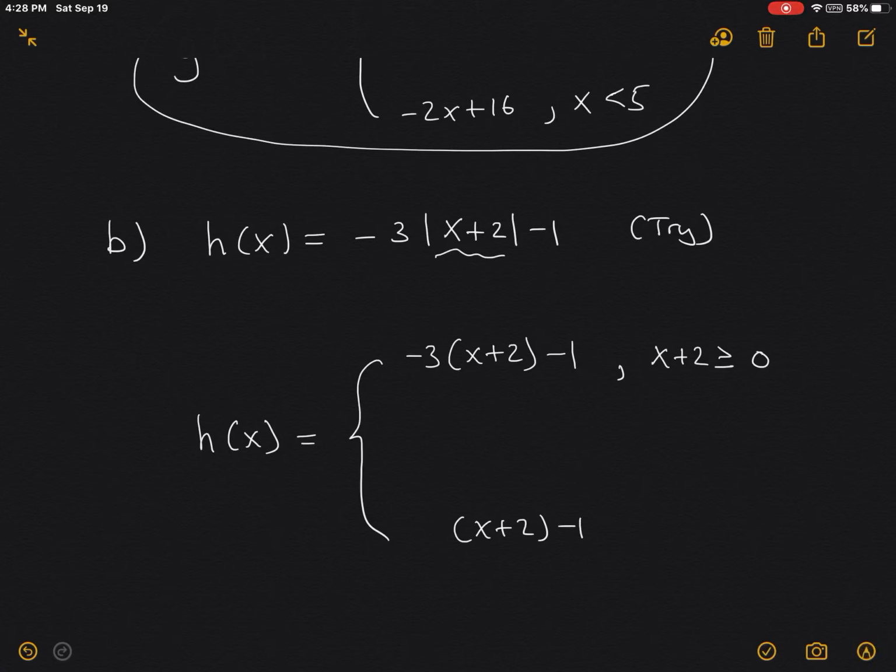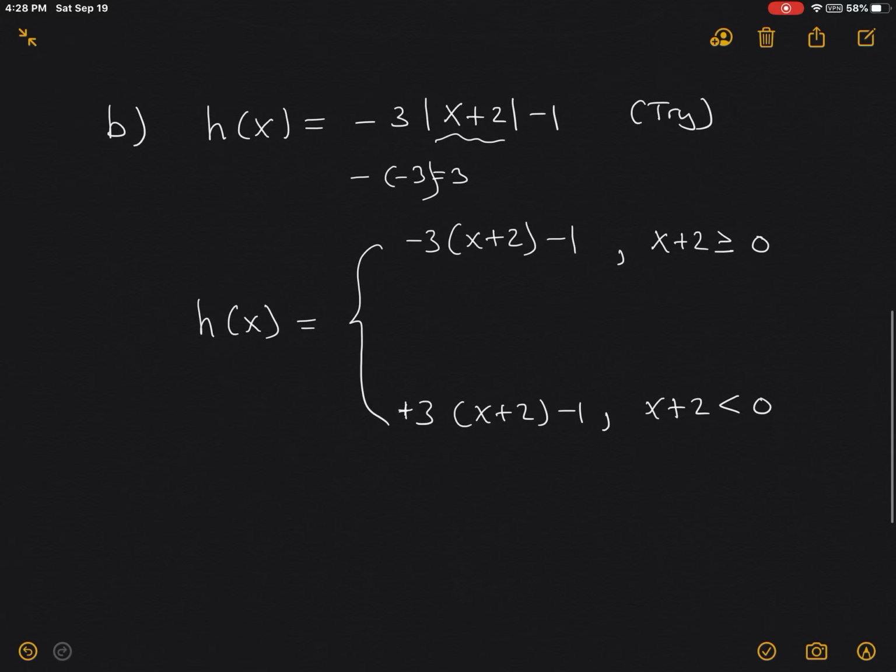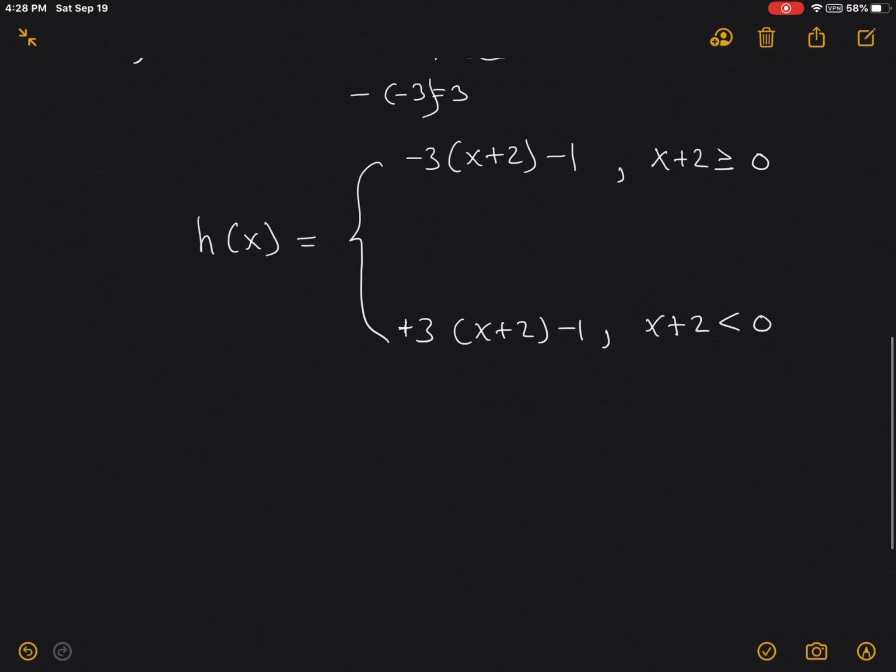This time, the negative of negative 3 is actually positive 3, so be careful. That's why this is a positive. Then you set the argument less than 0. The key line here is that this should be a positive, because if you take the negative of this original function, it will be positive. The last thing for you to do is combine like terms and get x by itself, and you're done.